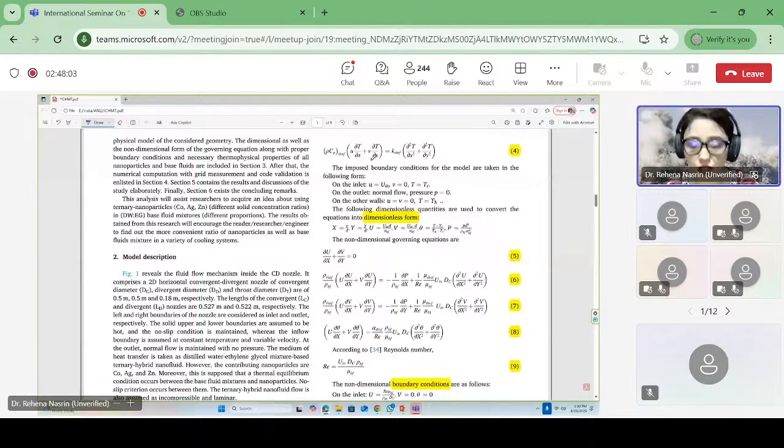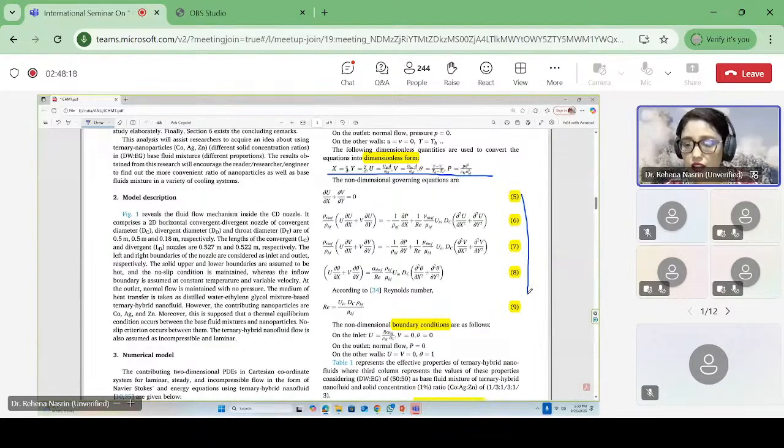There are four equations. So this is a system of equations, and we use this transformation to make the dimensional equations into non-dimensional form. These are the non-dimensional forms, equations 5 to 8. And here we use the Reynolds number.